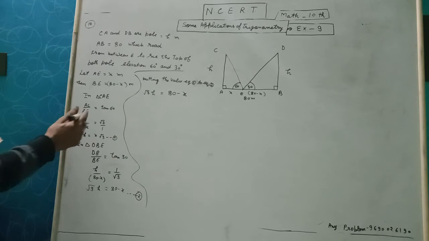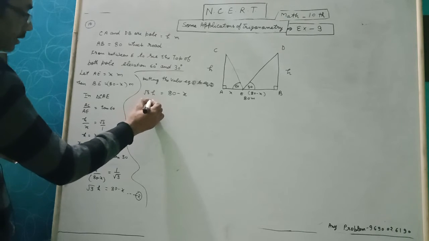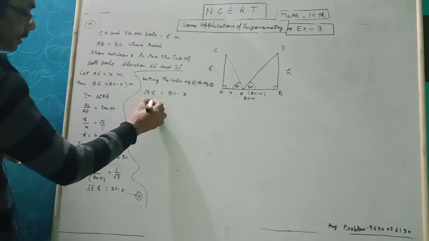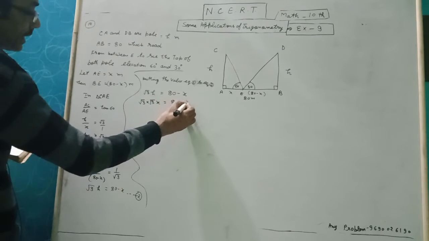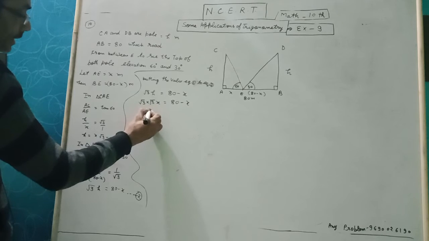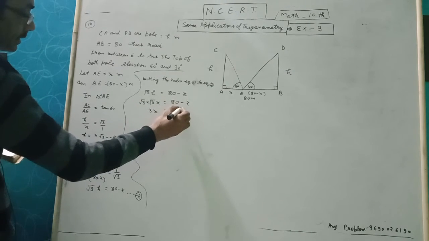Under root 3 into h value is equal to under root 3 x is equal to 80 minus x. After multiply, 3x is equal to 80 minus x.